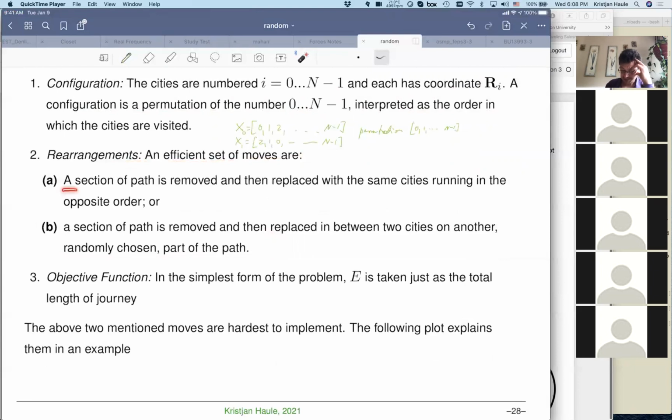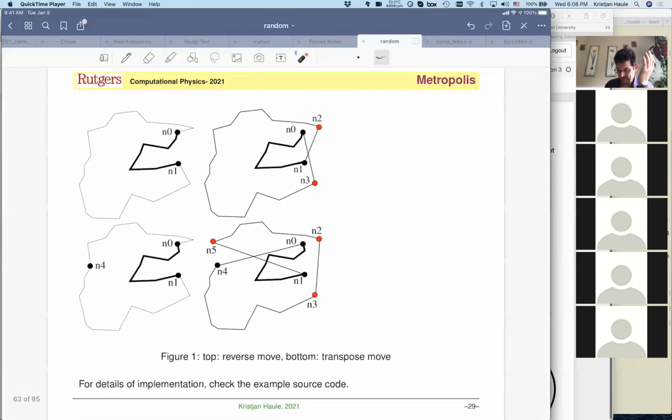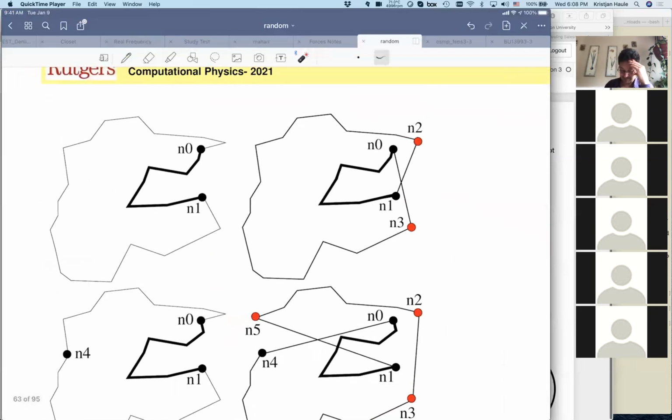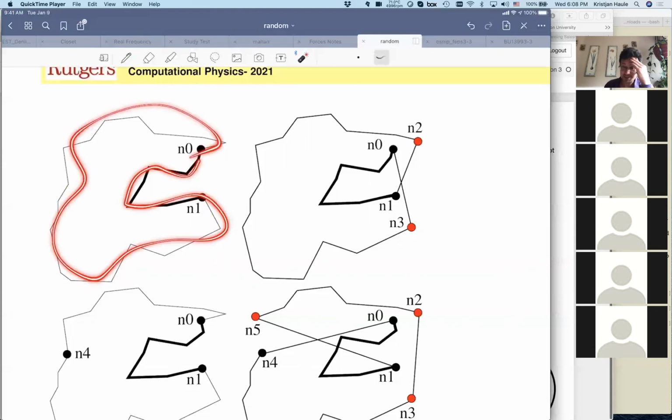A section of path is removed and then replaced with the same cities running in the opposite order. Let me read again. A section of path is removed and then replaced with the same cities running in the opposite order. I guess that's not clear at all, but let me demonstrate this with the figure. Let's say this is one of the current paths that we have. This is the path we currently have, my sketch.